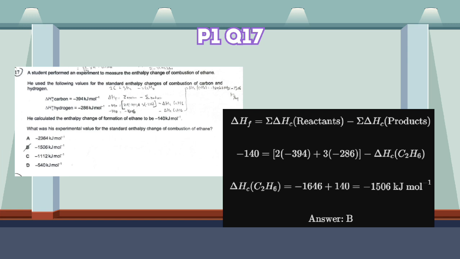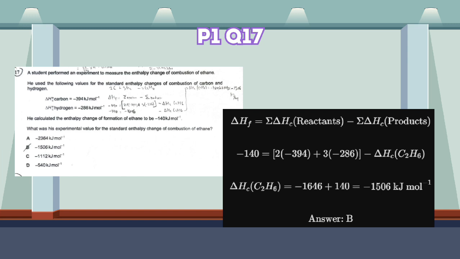And then the next question is from paper 1 question 17. We use the delta H formation formula: delta H formation equals sigma delta H reactants minus sigma delta H products, and then we insert the numbers and we got the calculation, the value of minus 1,506 kilojoule per mole.